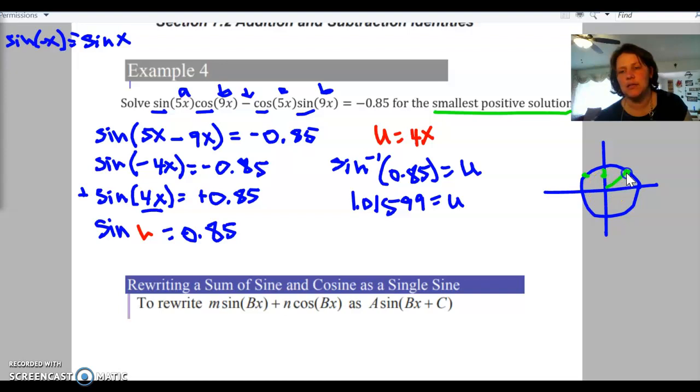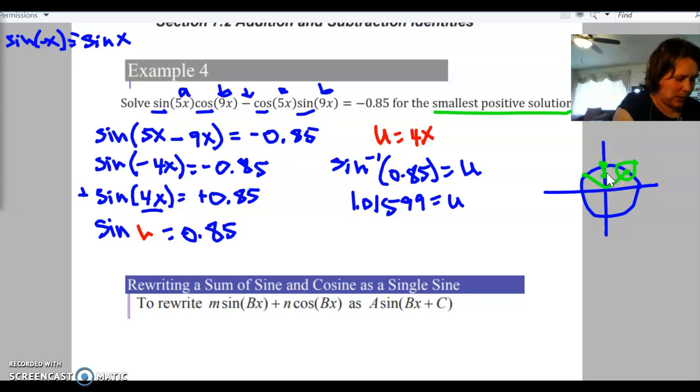This is going to be our smallest value, and over here would be a bigger value. This smallest positive value is the one that I want. So we need to make sure that it's less than pi over 2. Pi over 2 is our 90-degree marker right up here, so this angle is going to be less than that.